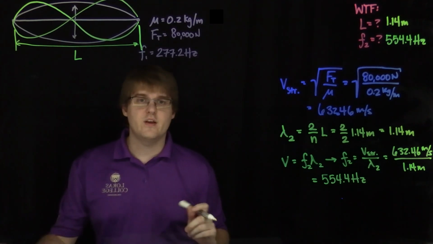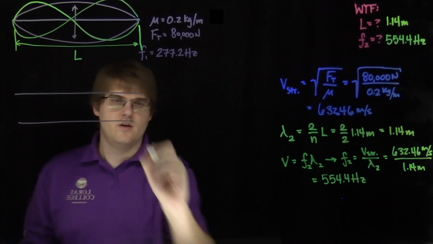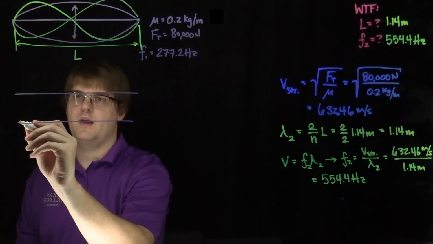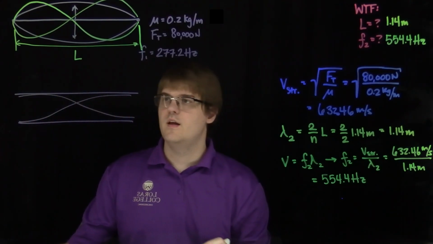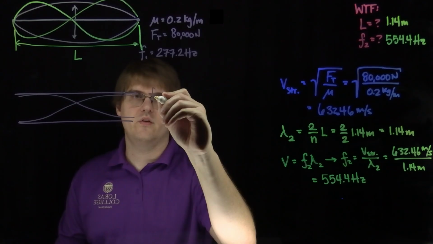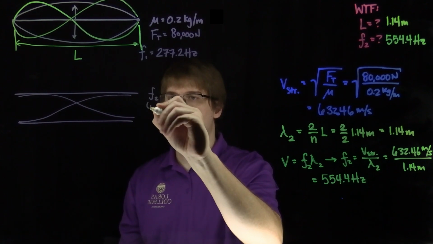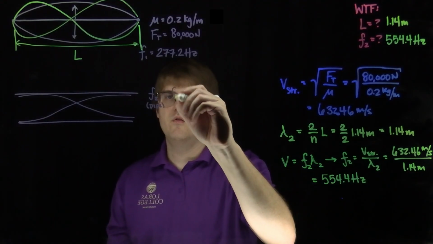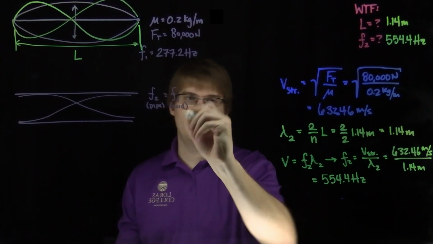Okay, and for our second piece, we're told that a student has a length of PVC pipe, and it is set up so that they're banging on it and they are creating a sound. They want to know what length they need such that the second harmonic frequency of the pipe is going to be equal to the first harmonic frequency of the bungee cord that we have right above here.